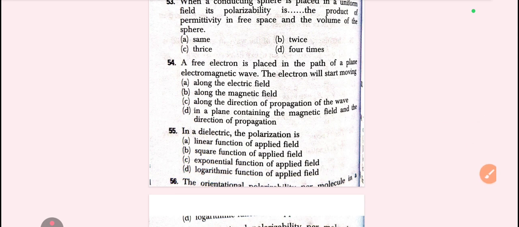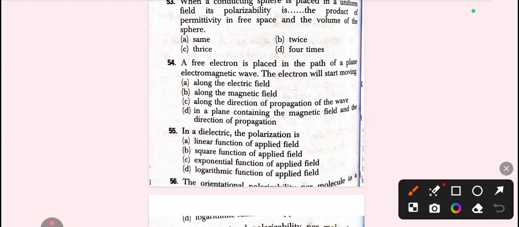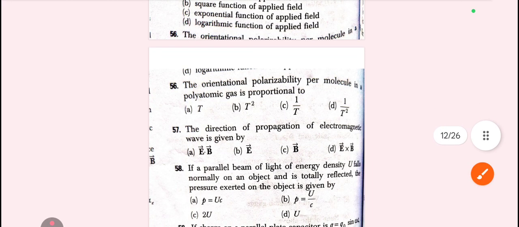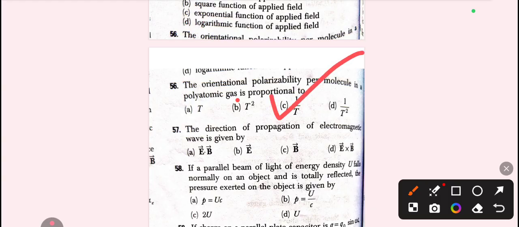In a dielectric, the polarization is, I think, a linear function of applied field. The orientational polarizability per molecule in a polyatomic gas is proportional to 1 over T.